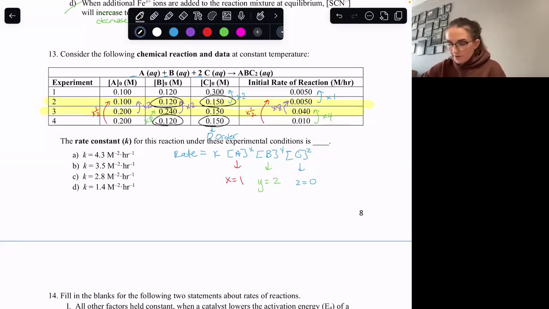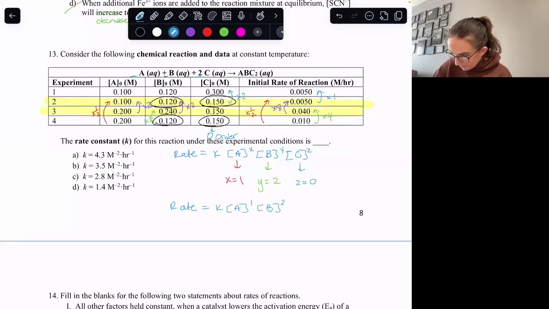Okay, so then we still have to finish our problem. Just finding the orders is not the end of this problem here. So if we write our rate law, rate is equal to k, A to the first, B to the second, C to the 0. So when you have to solve for k, we don't know what k is yet. We can take any experiment and plug that in.